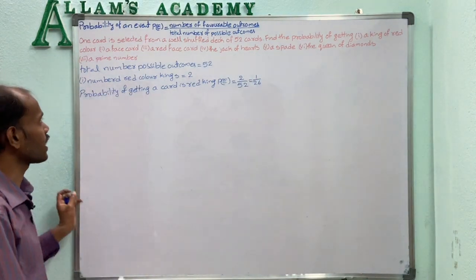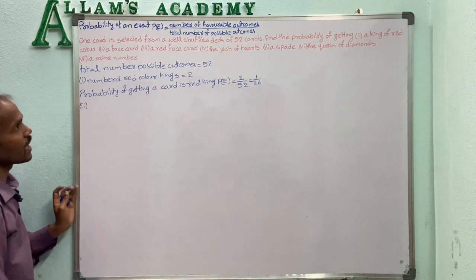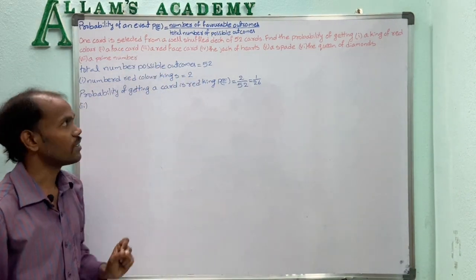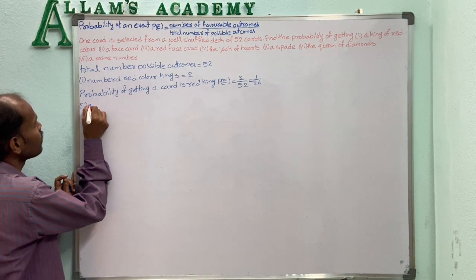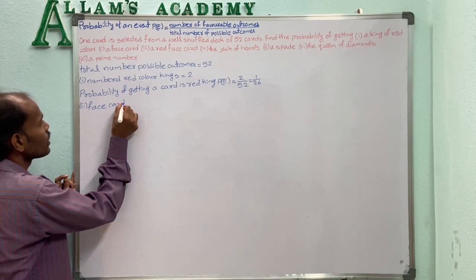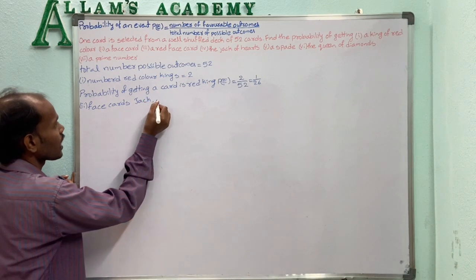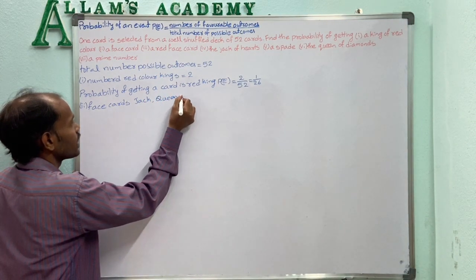Now the second question is a face card. In the deck of cards, face cards are 12: jack, queen, king.